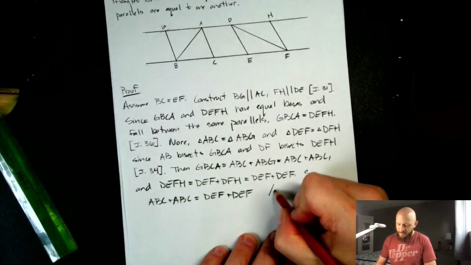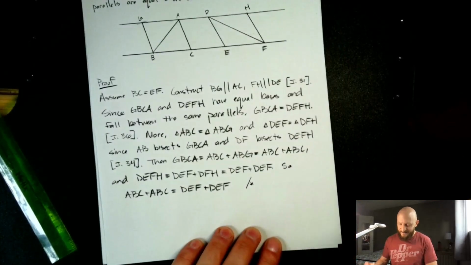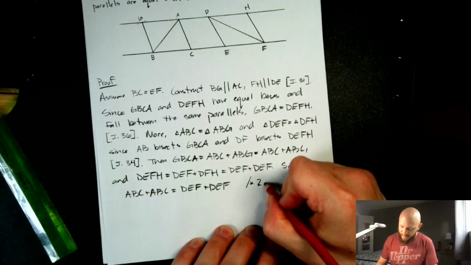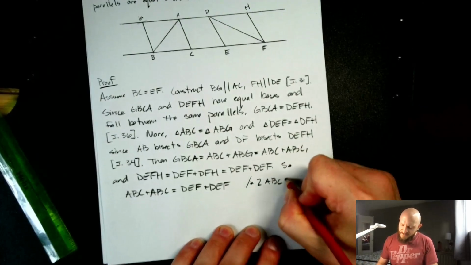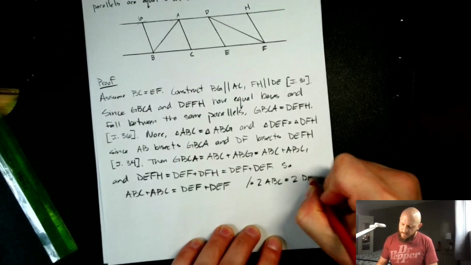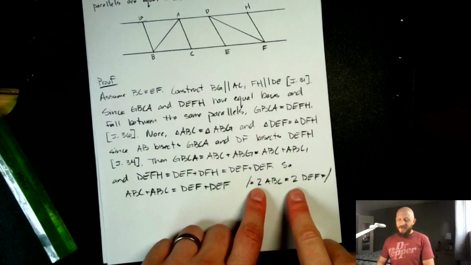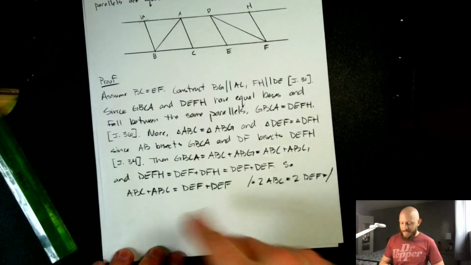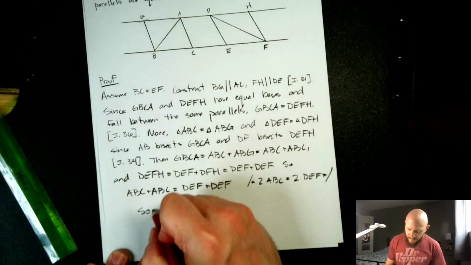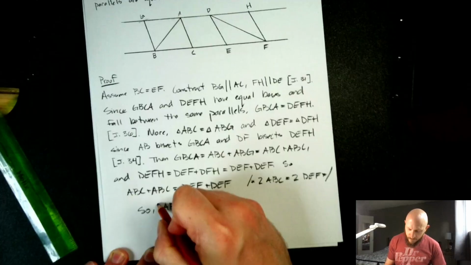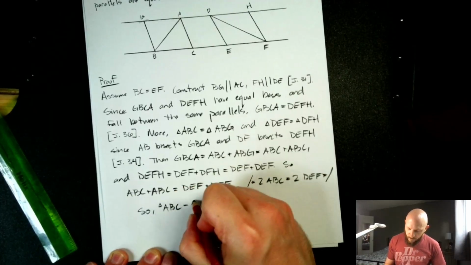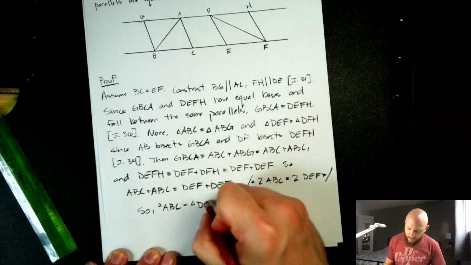This is the same as saying that 2 times ABC is equal to 2 times DEF. So you can divide out the 2 to get that ABC equals triangle DEF.